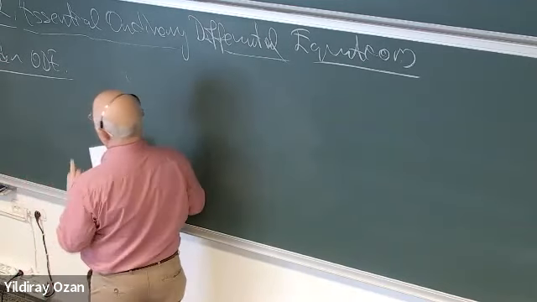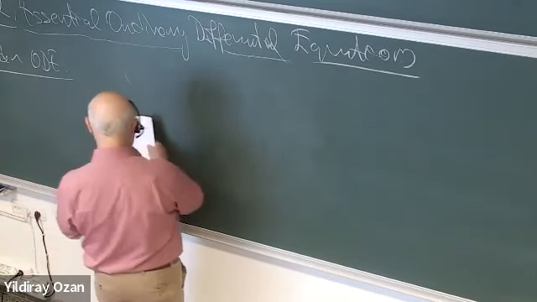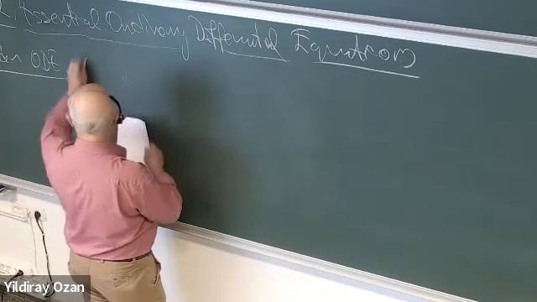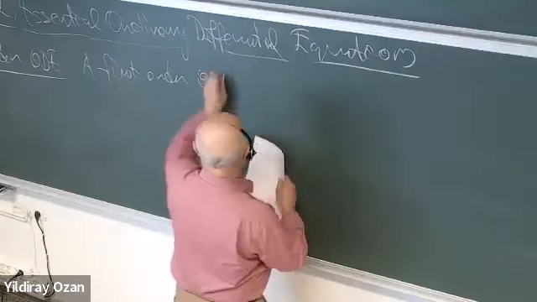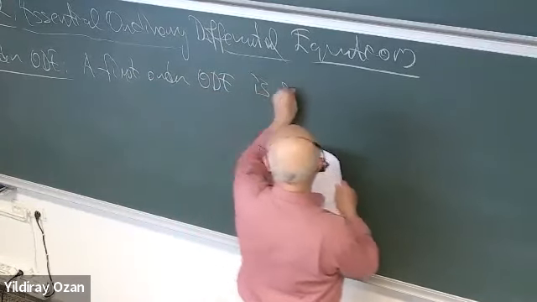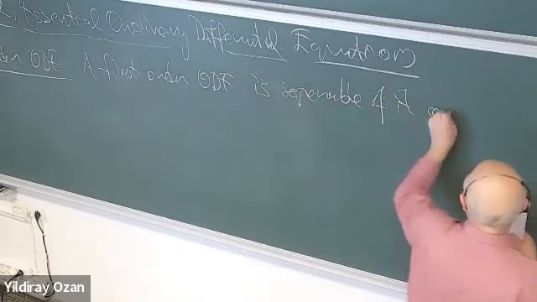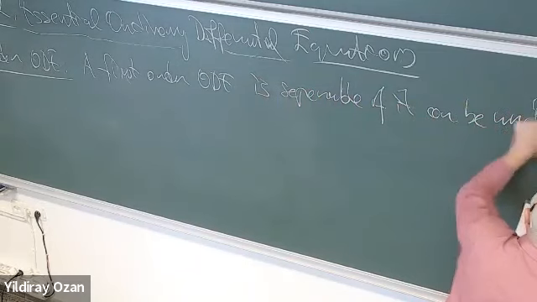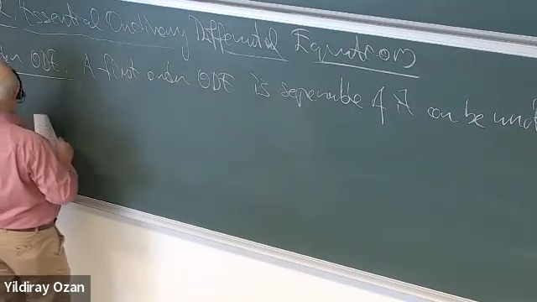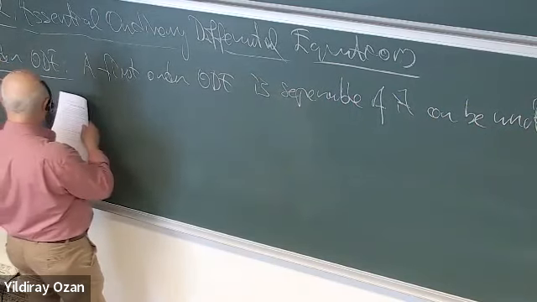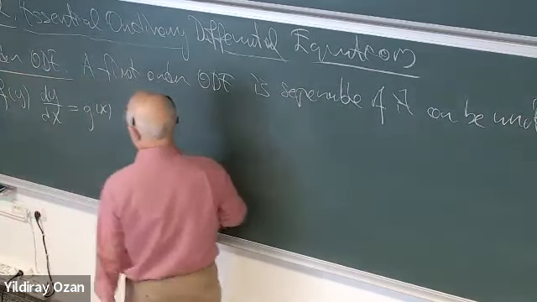An equation which we know how to solve, a first order equation, is so-called separable equations, and it is the following. A first order ordinary differential equation is separable if it can be written like this: f of y dy dx equals g of x.